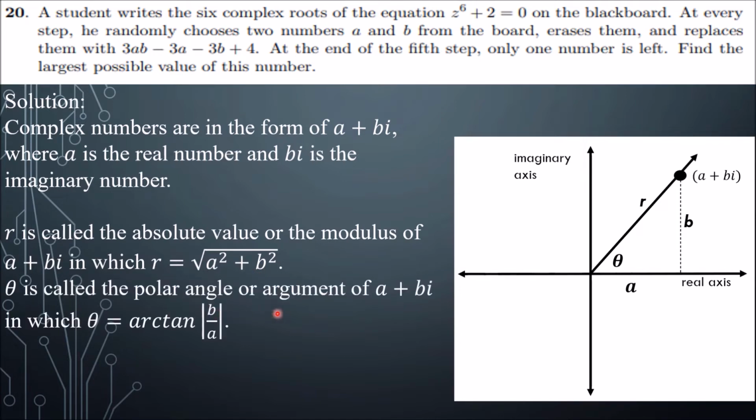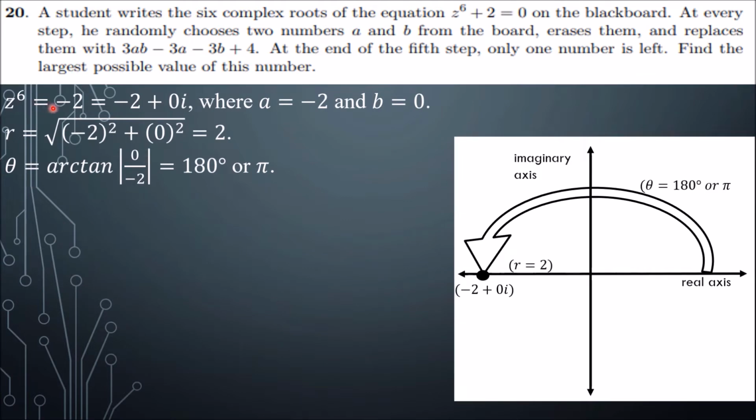Theta is called the polar angle. This one here is the polar angle or argument of the complex number a plus bi, in which theta is equal to arctangent absolute value of b over a. A plus bi is plotted as a point. So this point here is the a plus bi.